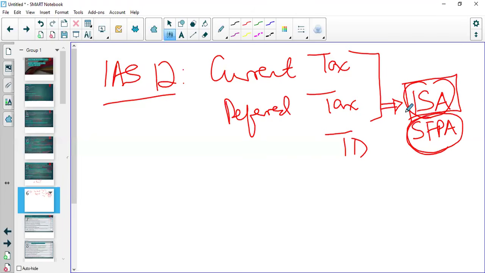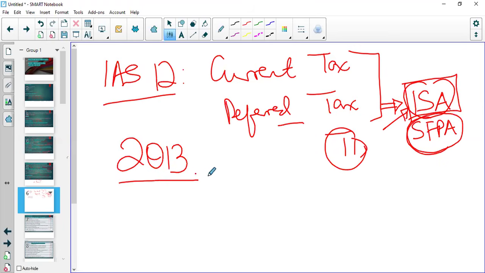That was in the late 2000s. And the last time I was teaching deferred tax, temporary differences using the income statement approach, I think that was like 2013, or 2015.